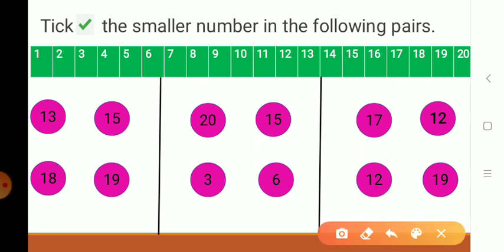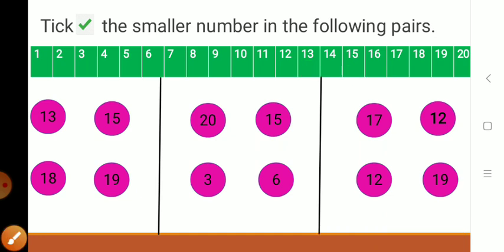You can see 13 is here and 15 is here. 13 comes before the 15 on the number strip, so 13 is the smaller number among these two. So tick the 13.